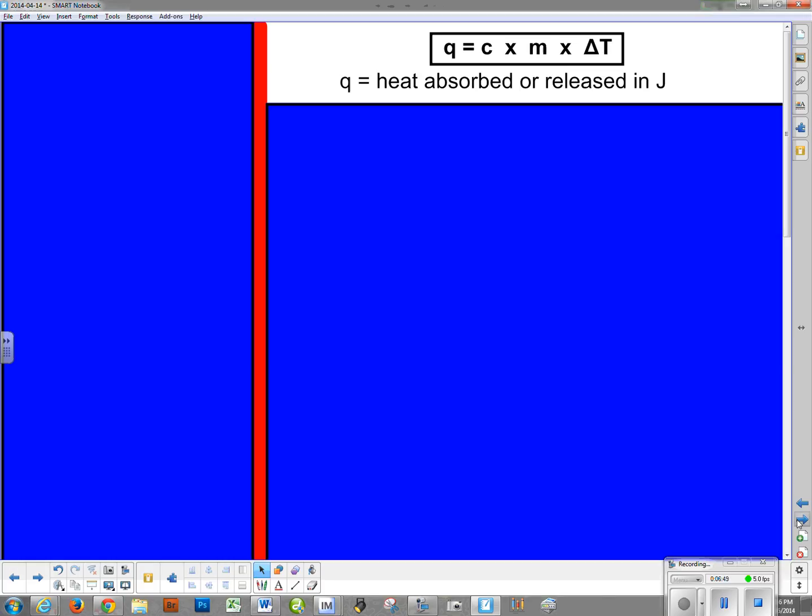It's a heat pump. It literally pumps the heat out because it's not a chemical reaction. It's simply compressing and expanding.